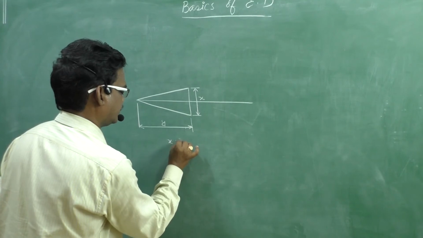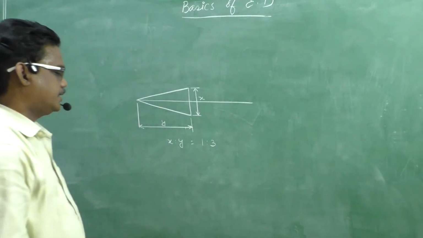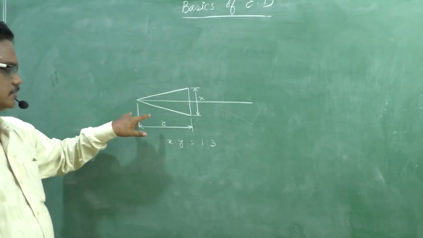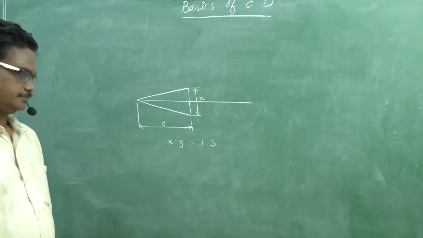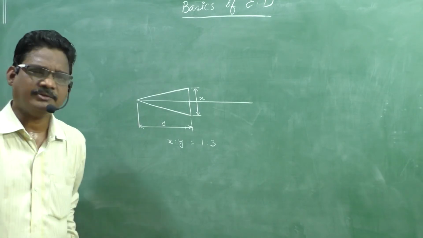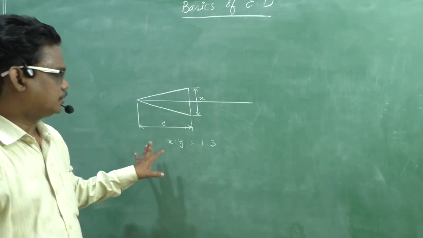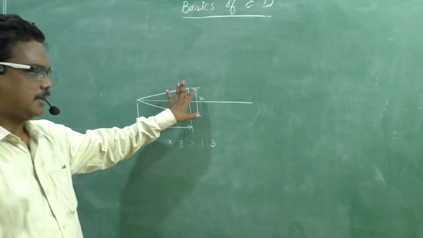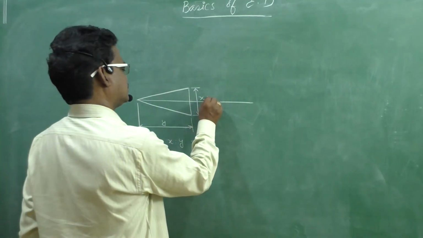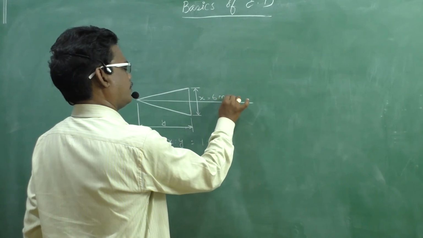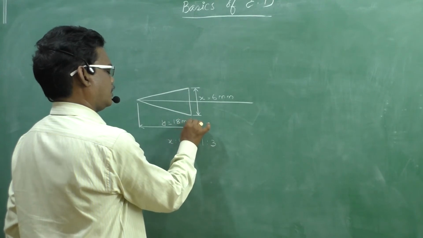X is to Y must be in 1:3 ratio. This length is to this length must be 1:3. And for this drawing sheet, sheet number 1, we need to draw the arrowhead with a proportion of X and Y. Consider X equal to 6 mm and Y equal to 8 mm.